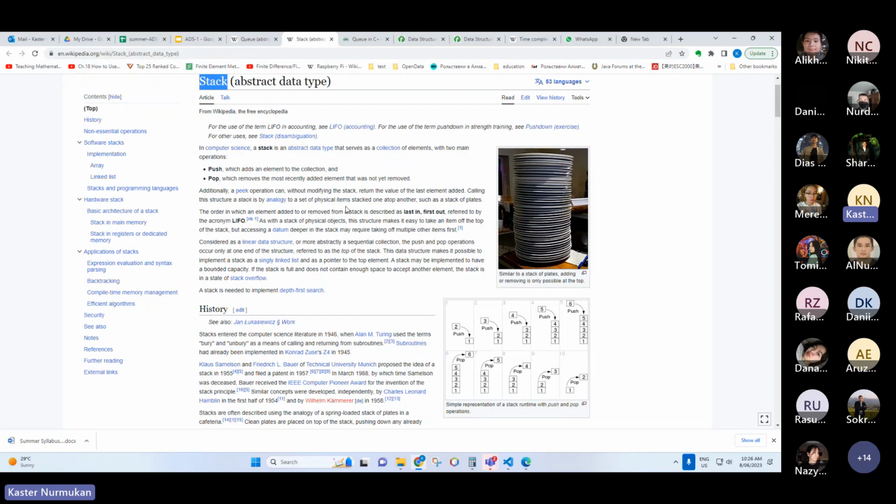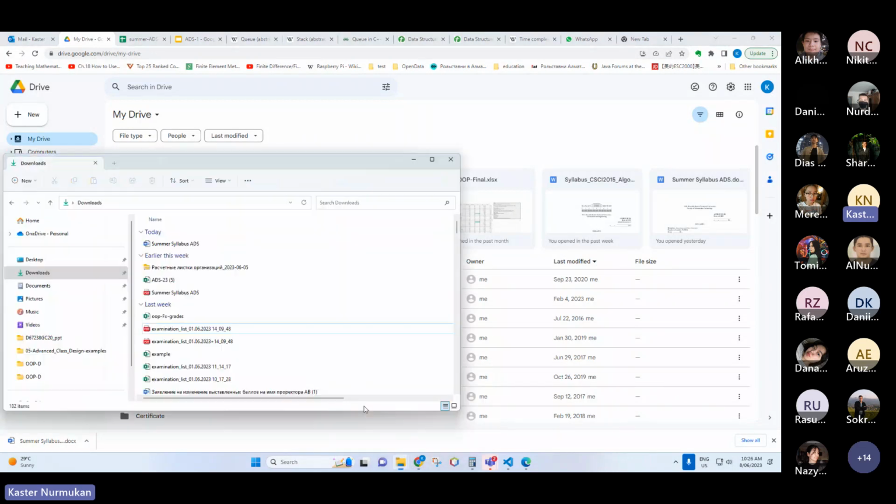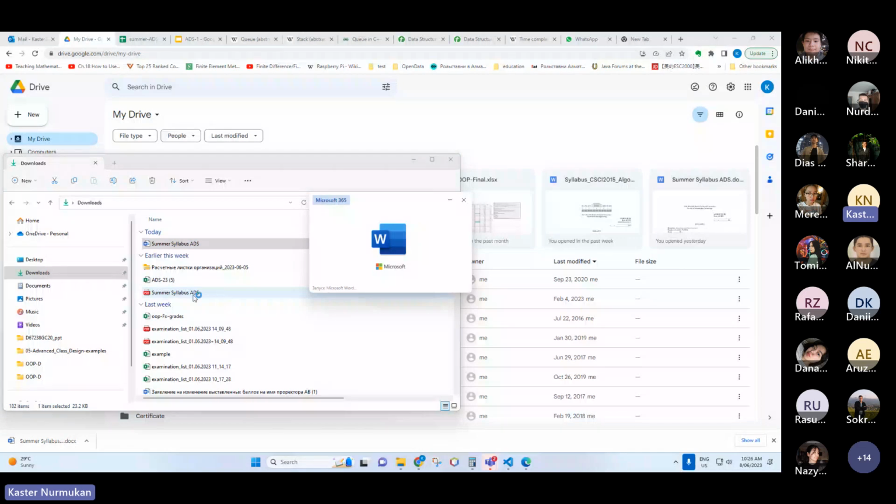Okay, so it means if you put in some element, actually we need to explain the linked list, right? Because linked list is fundamental to data structures. Probably the linked list will be explained in the... let me just open the syllabus first. Okay, probably you are already able to access the syllabus.